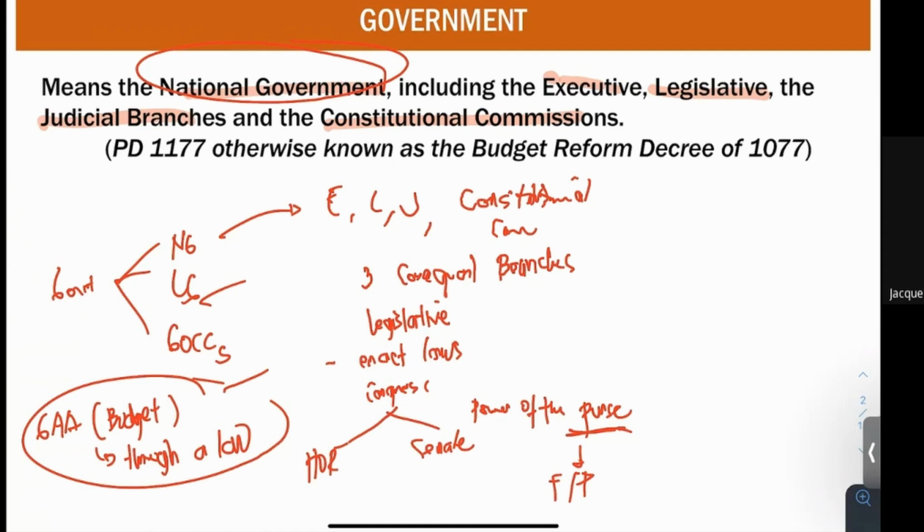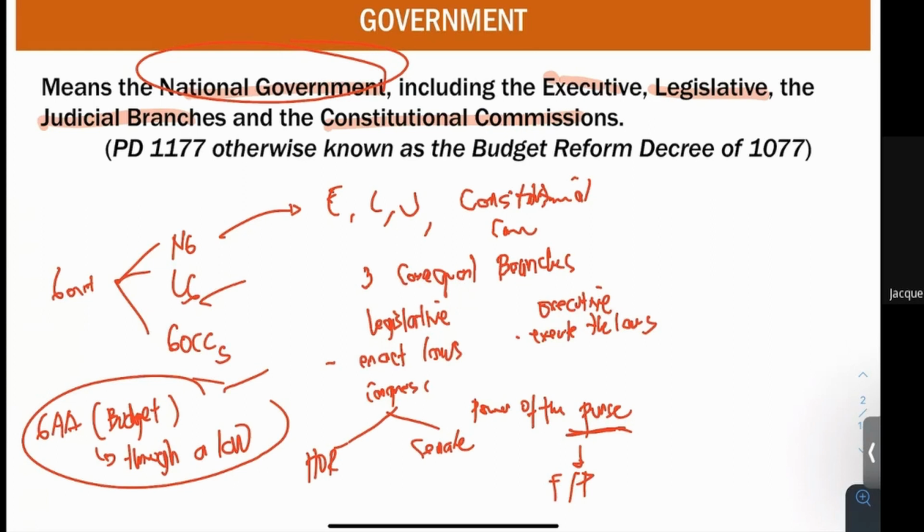Now, after talking about your legislative, let's proceed to your executive. So for your executive, what is the purpose of your executive? If the legislative is to enact laws, your executive is to execute the laws. So once there is already an enacted law, the executive now will execute that law.